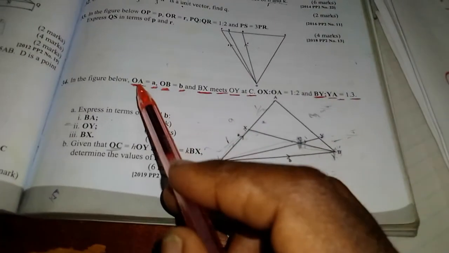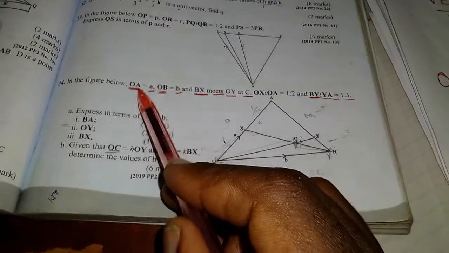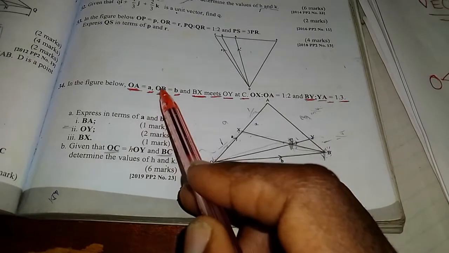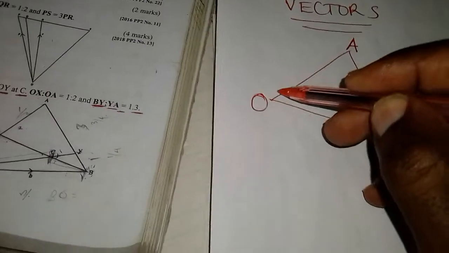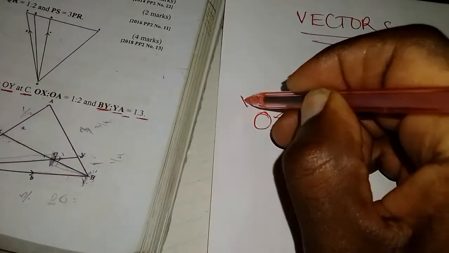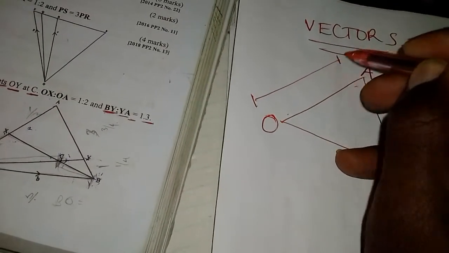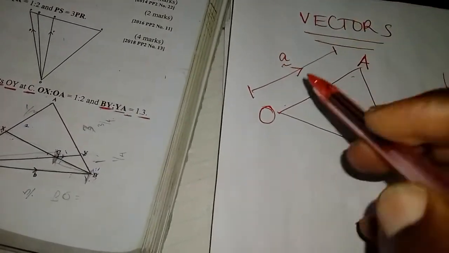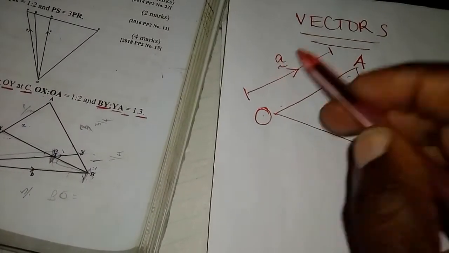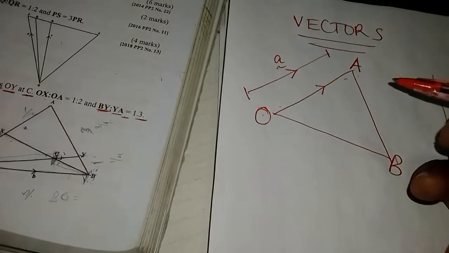We've been told that vector OA is A, and vector OB is B. So let me look first at vector OA. I'll draw something of this sort. I'll use an arrow. So that's vector A. So vector OA is A. Good.